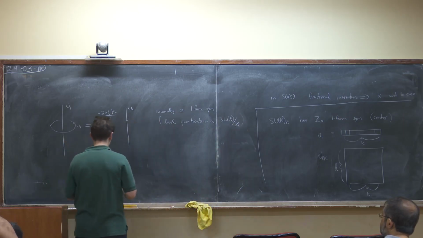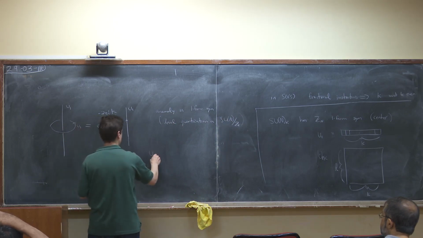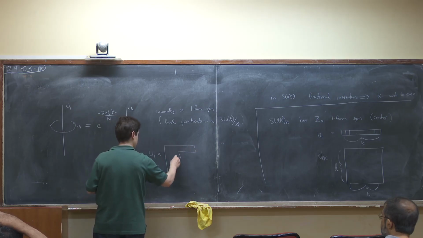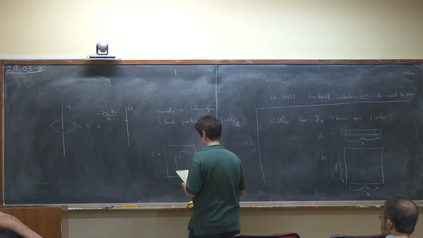And also, we can again look at this fusion property that I was advertising before. So U1 times a tableau of any shape: it's simple to say what it is.